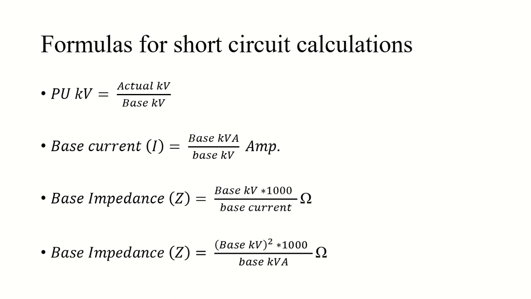Now if I want to find the value of base current, remember I have mentioned that if you want to find all the remaining parameters, you can derive them based on base kVA and base kV. So now we are going to see just that. If I want to find the value of base current, it will be nothing but the ratio of base kVA to base kV.